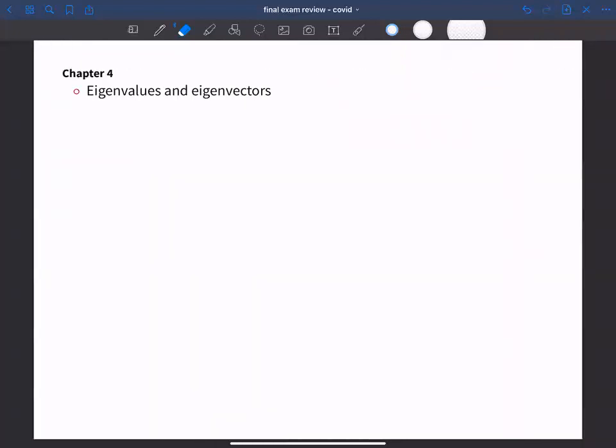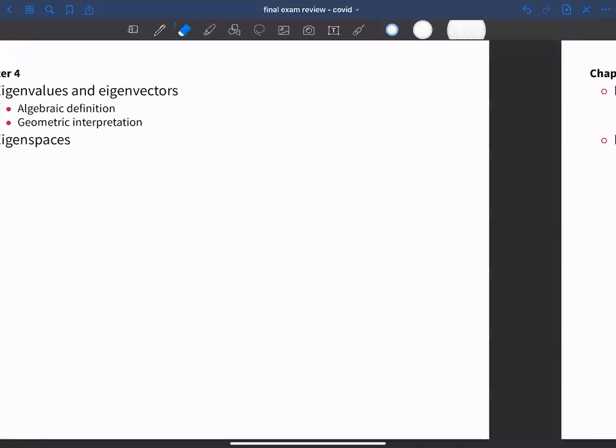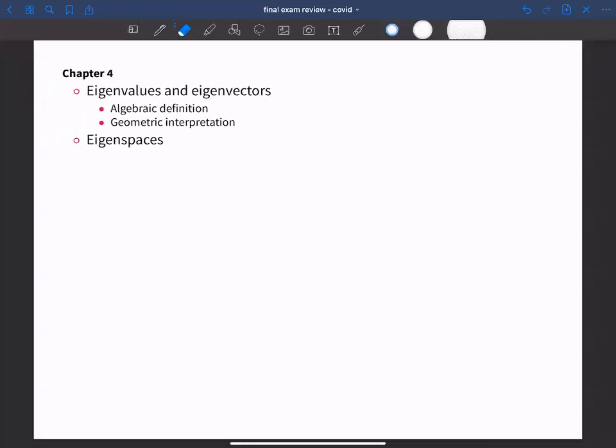So chapter 4 is where we were introduced to eigenvalues and eigenvectors. Now remember, there's an algebraic definition of what it means for a vector to be an eigenvector, but there's also this geometric interpretation that you should have in your mind. So you should have a picture in your mind, but you should also be able to write down the definition of an eigenvector. Eigenspaces. Remember, the place where the eigenvectors live, those subspaces are called eigenspaces.